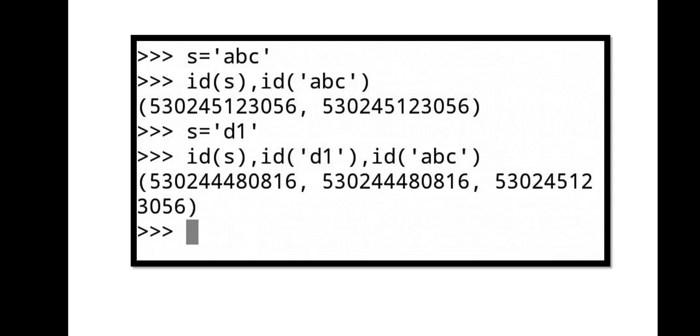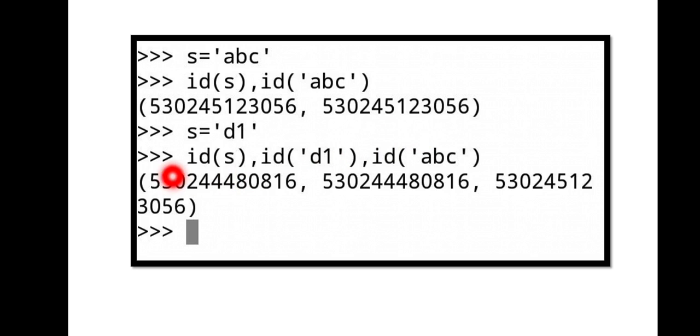Next I have taken an example of a string. A string is also considered an immutable data type. So I have assigned the value abc to the variable s. Then I have checked the memory address of s as well as abc. You can see both have the same memory address.